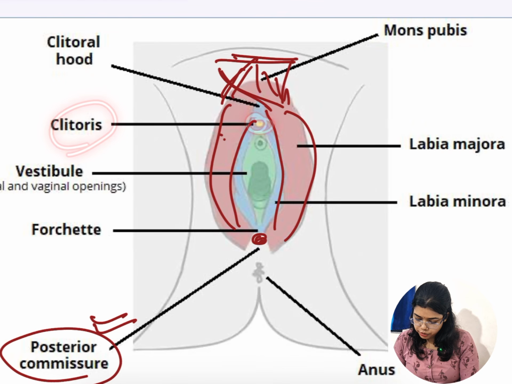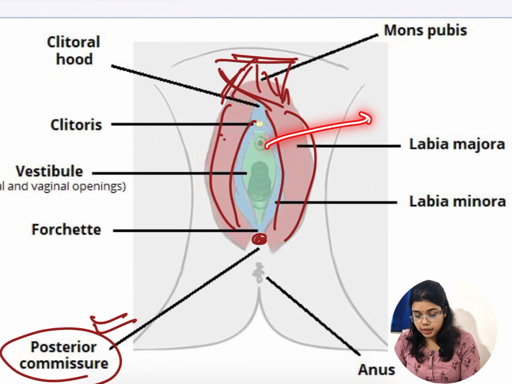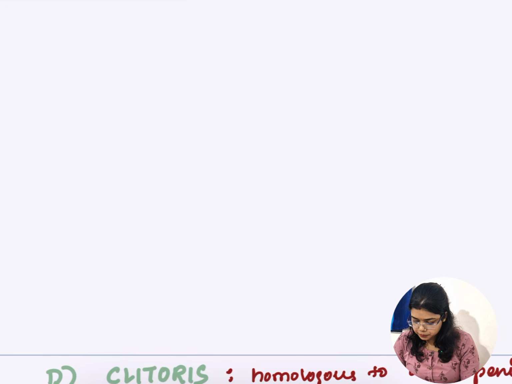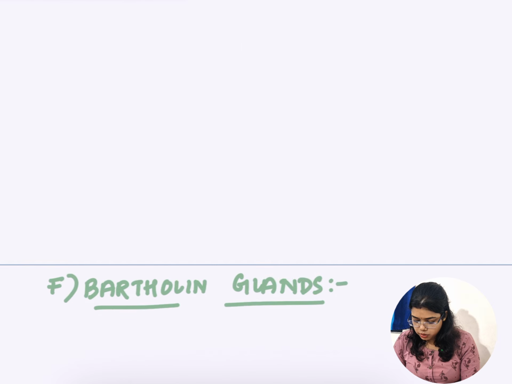What is present anteriorly? Clitoris. What is present posteriorly? Posteriorly, fourchette. Okay. Laterally, labia minora. And what are the openings? Urethra and vagina, and along the urethra, the paraurethral glands or Skene's glands. Paraurethral glands are also called Skene's glands, and presence of Bartholin ducts. Opening of two Bartholin ducts. Fine. Okay. Understood?